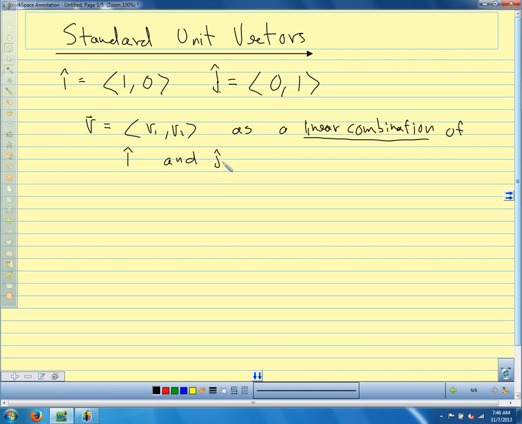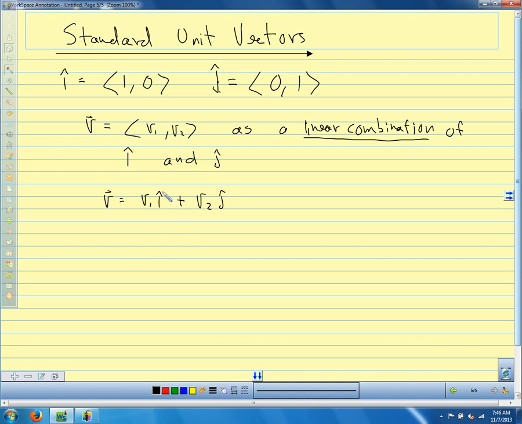The vector v equals v1 i plus v2 j. So when we write our vector in this form with our standard unit vectors, we're saying we're writing it as a linear combination of our standard unit vectors. So this is the other form that we'll use for vector v.